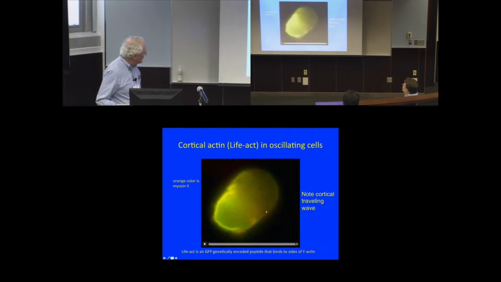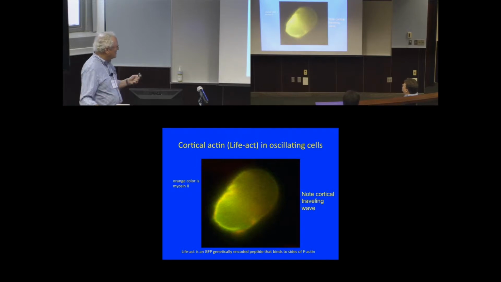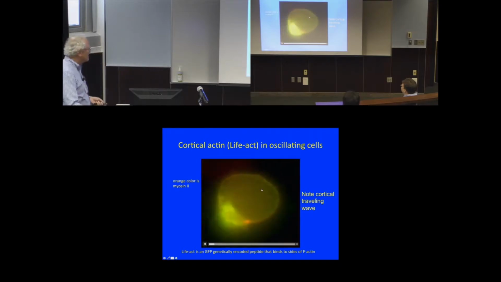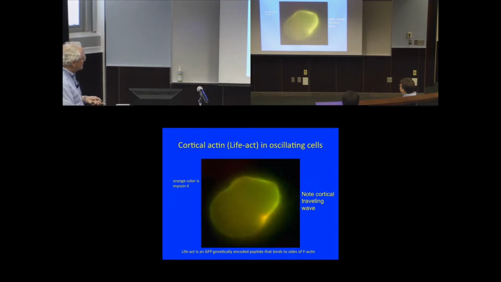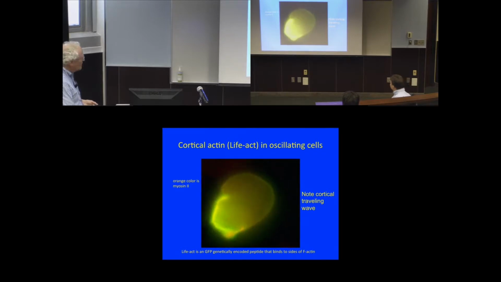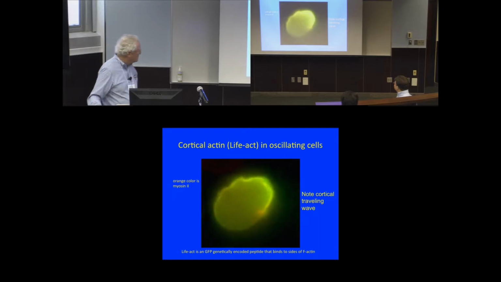Here we have another wide field. This is the LifeAct outlining the cortex, and the myosin is in orange here. This is just an expressed myosin light chain, not detecting myosin activity, but localization. And if we look at this, we can see the phenomenon in more detail with the cortex here, and you can begin to see evidence of a traveling wave. And that's what we'll discuss more as we go on.